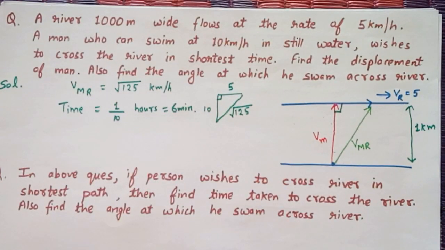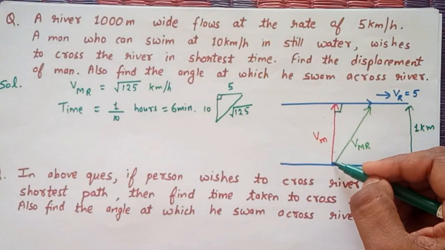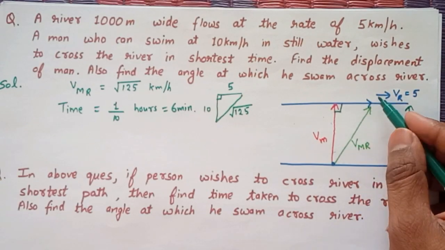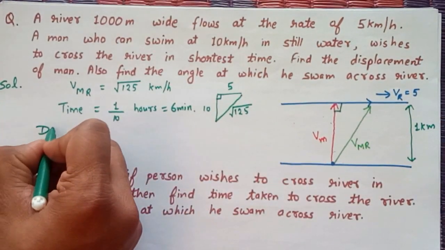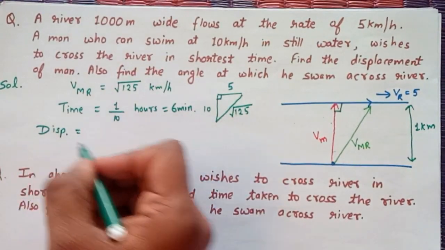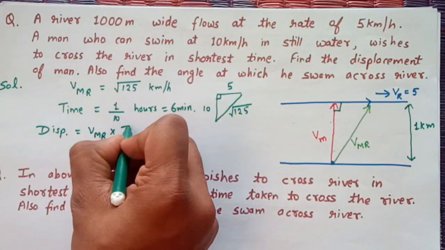Now the question is asking for the displacement of the man. So for the displacement of the man, this is the starting point and this is the final point. So this one will be the displacement. I can find displacement by using speed into time. What is speed? That will be VMR multiplied by time.